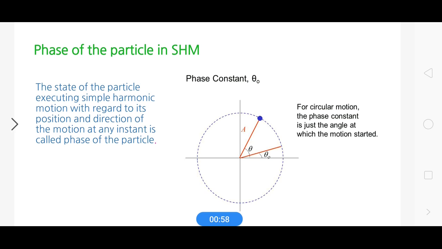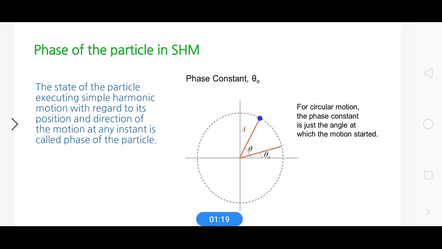So here observe the slide. The phase constant is also called theta naught. The particle is moving in circular motion, and the phase constant is just an angle with which the motion started.